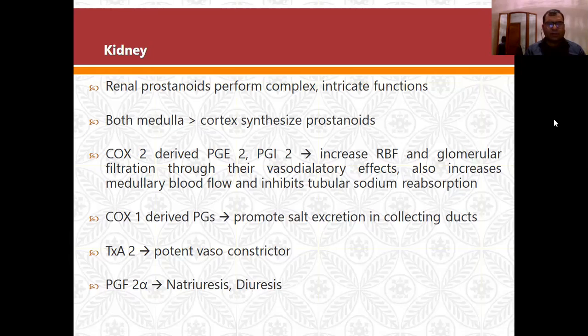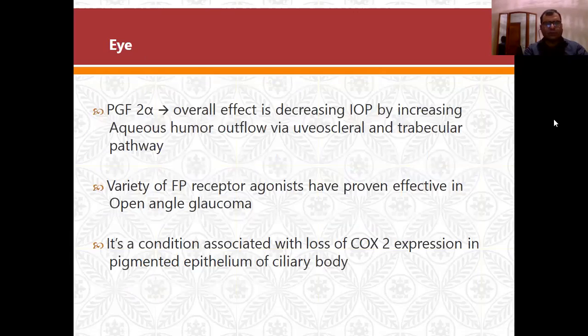COX1 derived prostaglandins promote salt excretion in collecting ducts. Thromboxane A2 is a potent vasoconstrictor. Prostaglandin F2A causes natriuresis and diuresis.